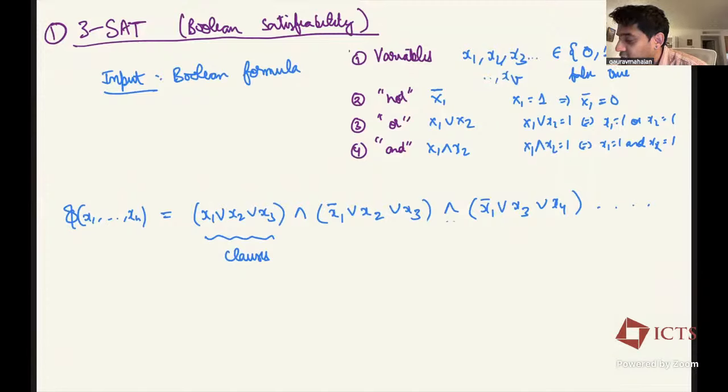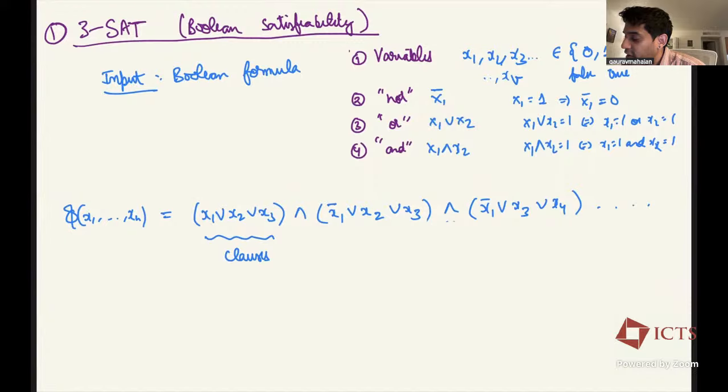And to design a formula, you have these small operators. You can do a NOT operator on a variable. So if x1 is 1, then NOT x1 is 0. And then you have an OR operation, which allows you to correlate variables or entangle them.